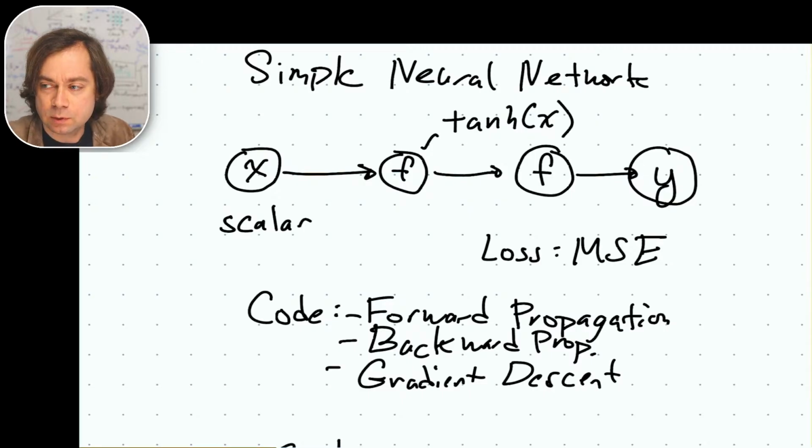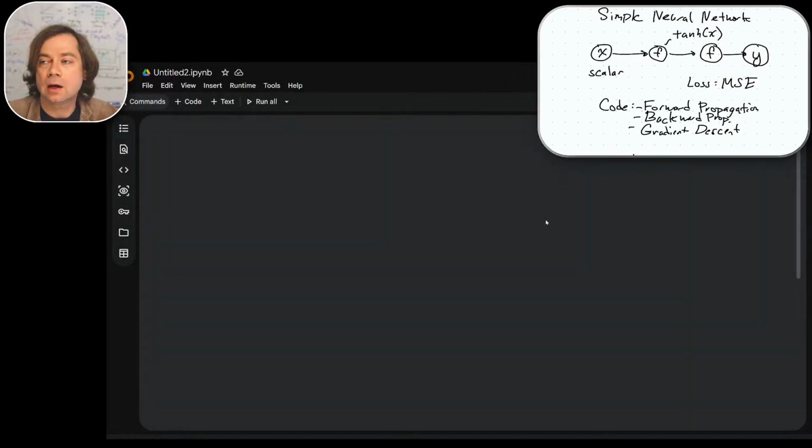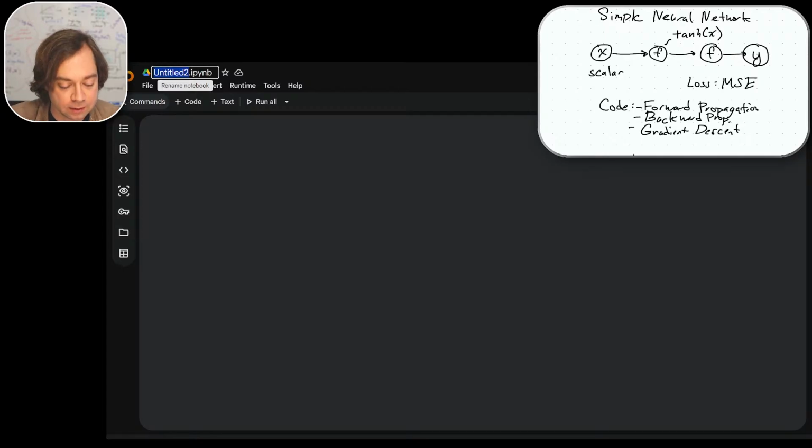Okay. So with that, let's actually go to Python here. I've just opened up a new notebook in Google Colab, colab.research.google.com. I'm going to create a new notebook, and we'll call it Backprop. I'm going to create a text block.